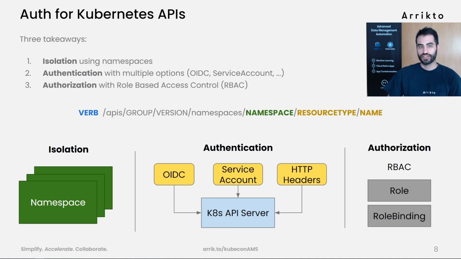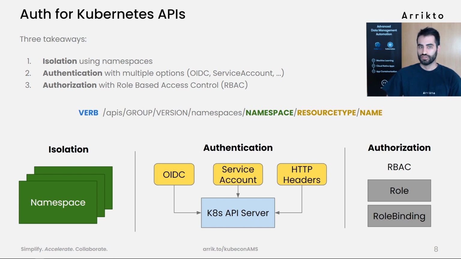To design how to isolate, authenticate, and authorize for the Kubeflow Pipelines API, we first turn our attention to the Kubernetes API for inspiration. For isolation, Kubernetes uses namespaces. Almost every resource lives in a namespace. For authentication, the Kubernetes API server supports multiple methods, like authenticating users via OIDC, that is OpenID Connect, authenticating machine accounts via service account tokens, or getting the user identity from HTTP headers set by a trusted proxy.